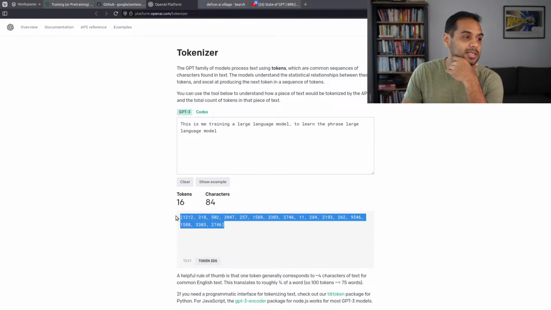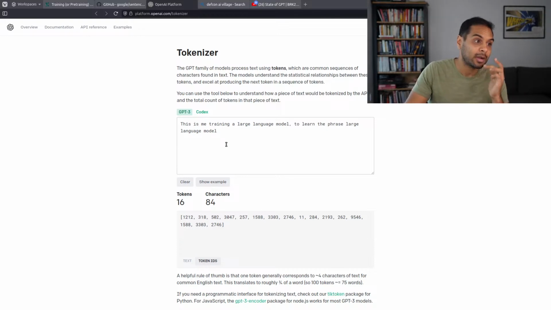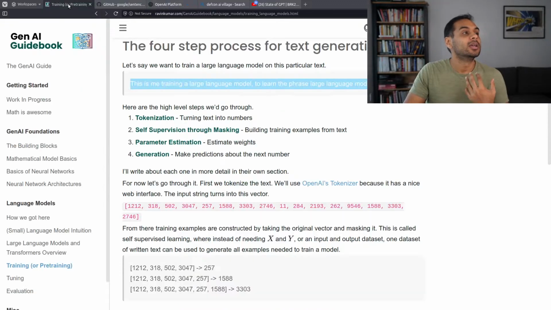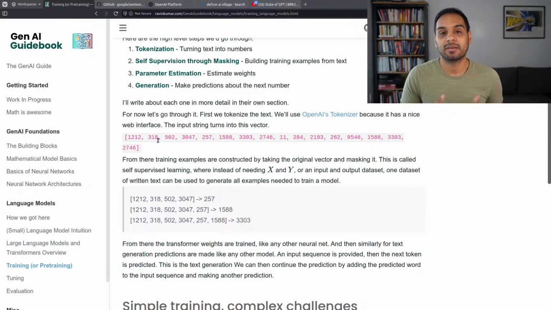What we end up with is this exact array. We have these tokens that are like 1012, 318, 3047, 3003, and this is just what happens to come out once the tokenizer encodes this string. So now we have an array, and this looks much more like something we could feed into a PyTorch or Flask or things like that.